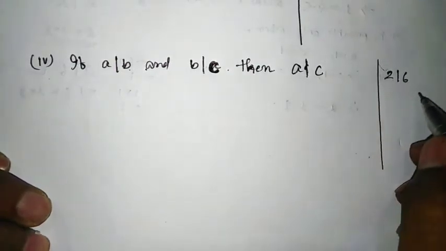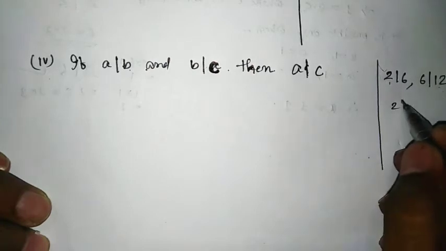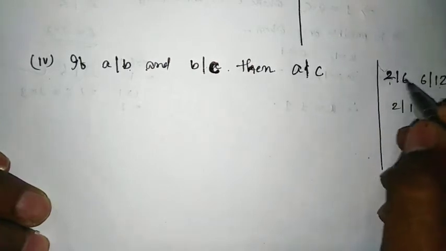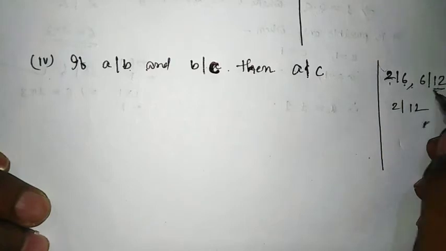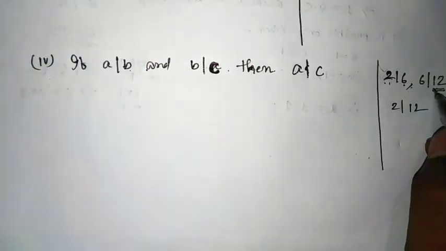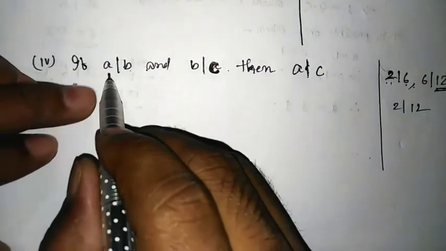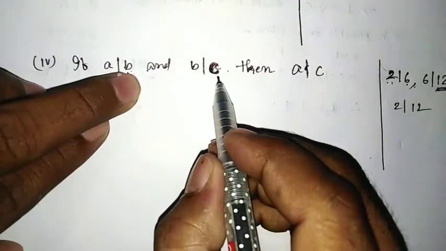Next property is that if a divides b and b divides c, then we have to prove that a divides c. It is like that: if 2 divides 6 and 6 divides 12, then 2 also divides 12.